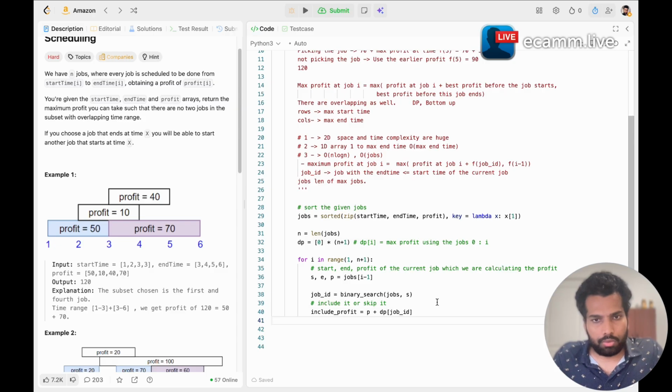Now let's say the other choice, which is skip the job and get the max profit.